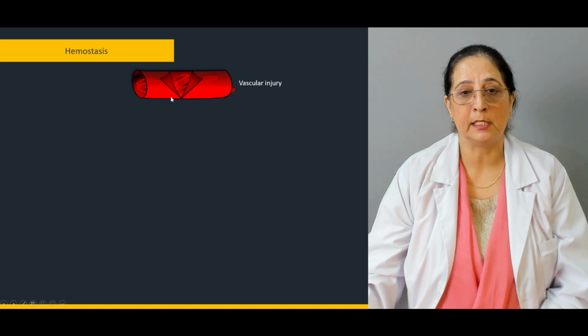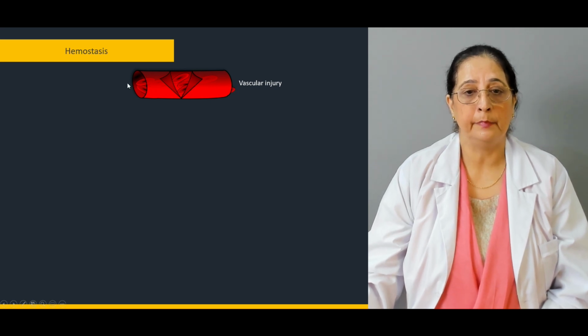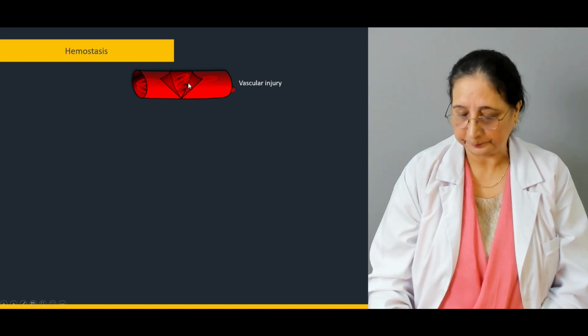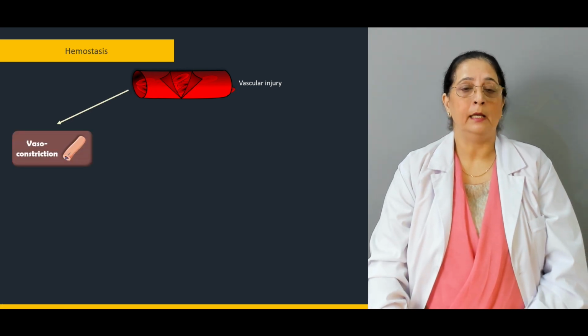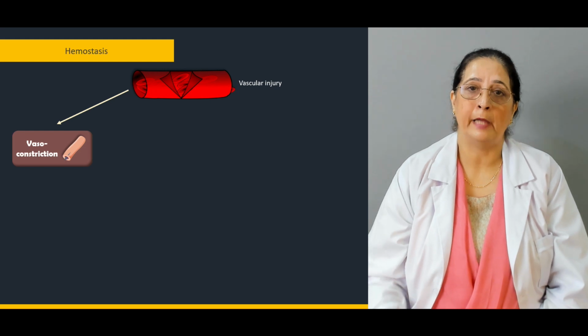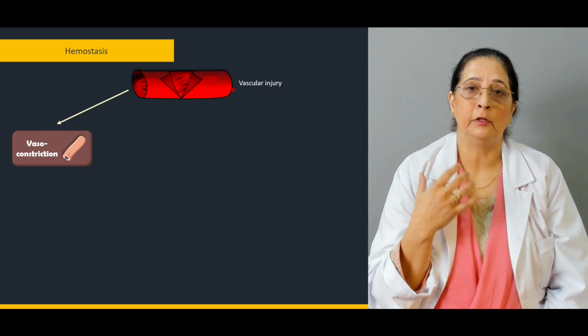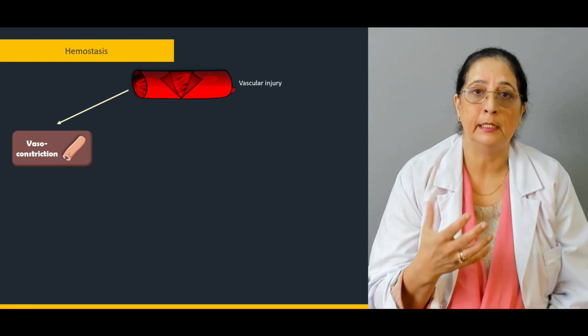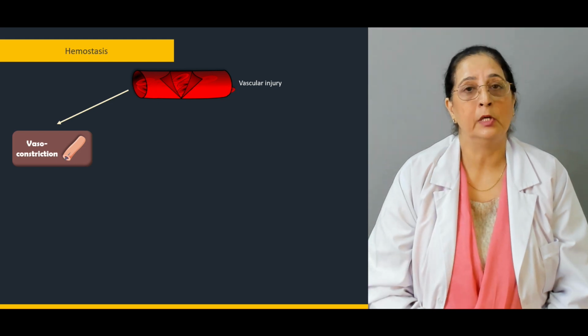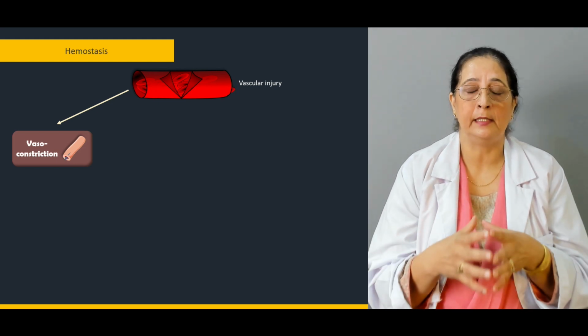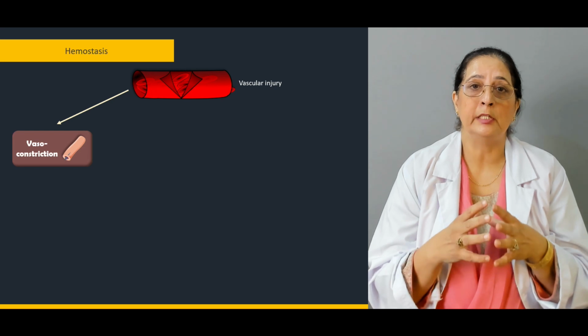That's the blood vessel with the blood present inside, and these are the blood cells. The next step after the rupture or injury to the blood vessel is vasoconstriction.